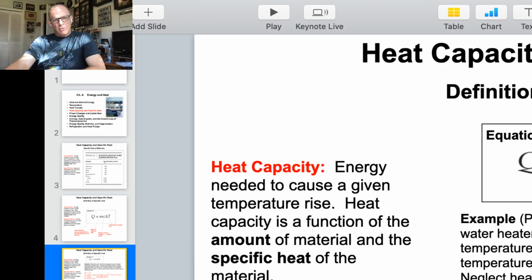My temperature change that I want is 30 degrees Fahrenheit, but my specific heat is in joules per kilogram per Kelvin. So I have to convert that 30 degrees Fahrenheit temperature change into a number of kelvins, and that conversion factor is 5 divided by 9.